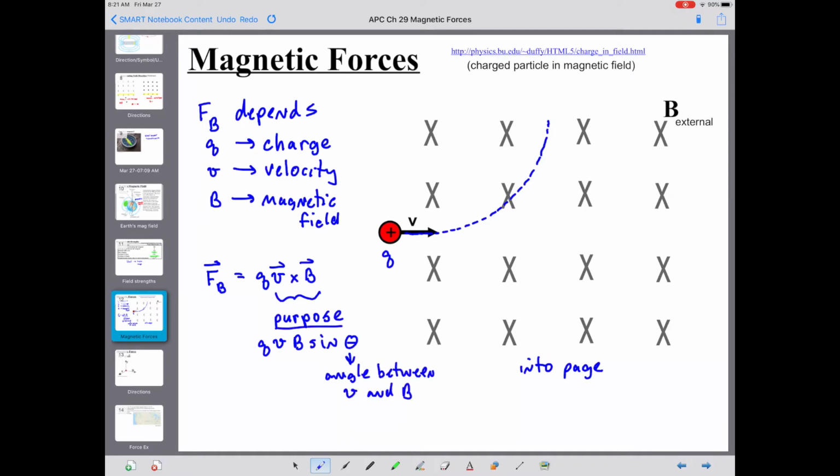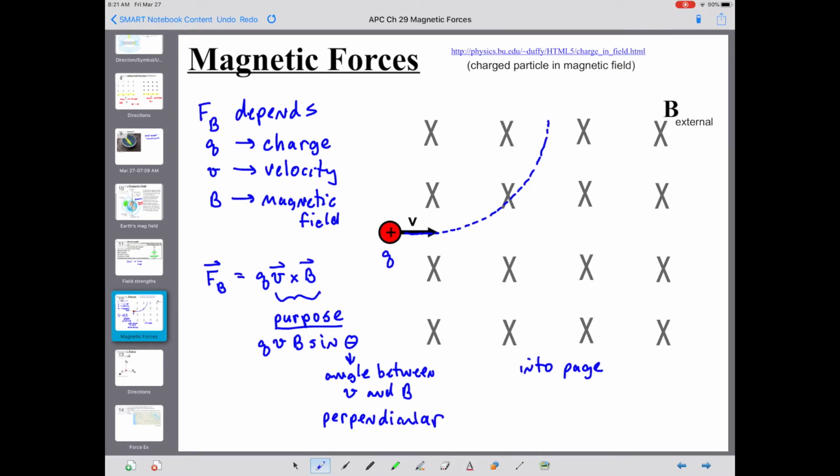The purpose of that sine in there, think about torque, R cross F. The purpose of that sine being in there was to put those two vectors perpendicular. Likewise, this cross product is there to make these vectors perpendicular to each other.